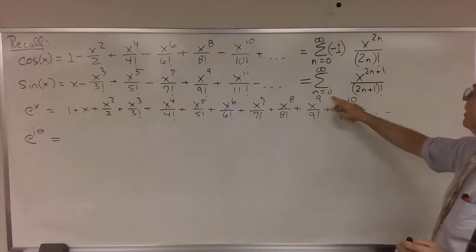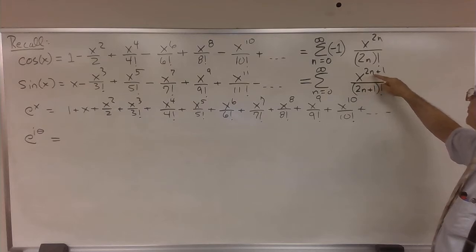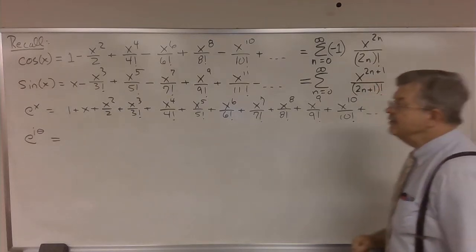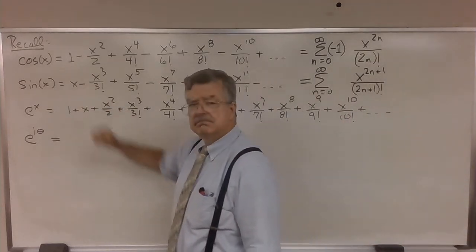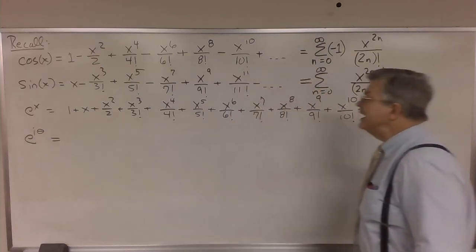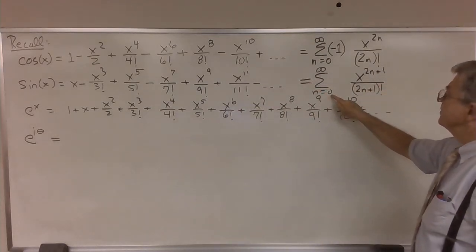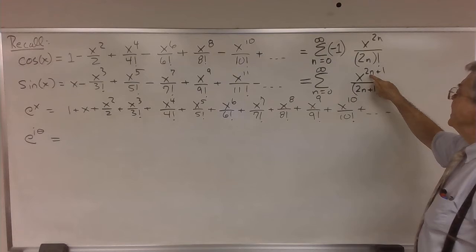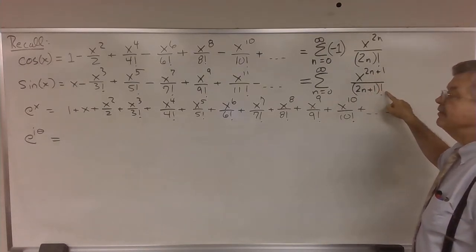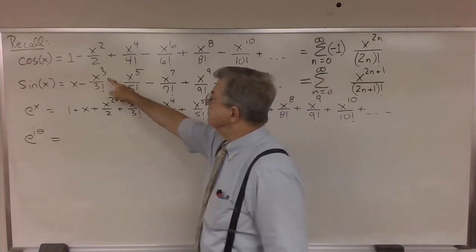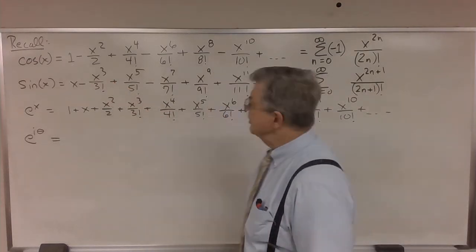When n is 0, we have x to the 1st over 1 factorial, which is just x. Yeah. When n is 1, we have x to the 2 plus 1, or x cubed, over 3 factorial. Yep, I think that's going to do it.